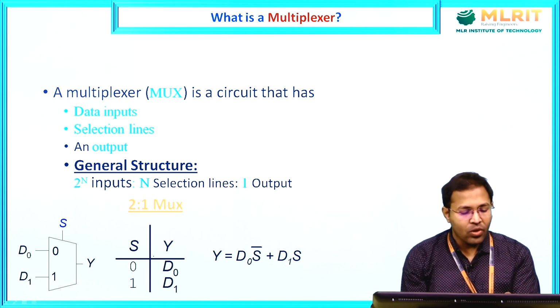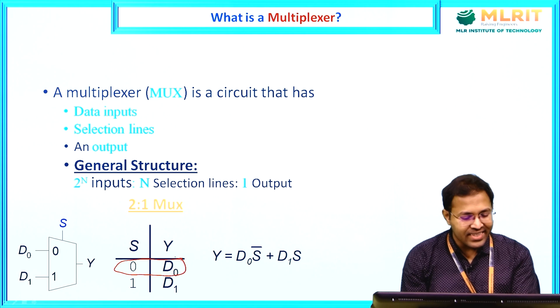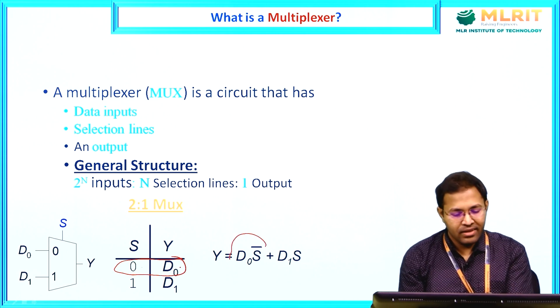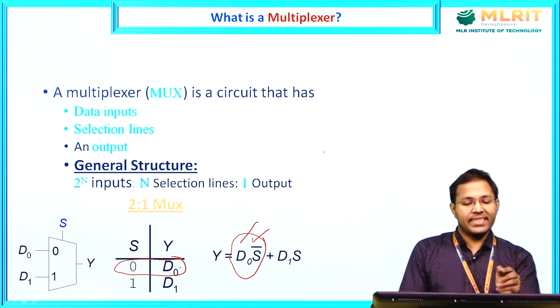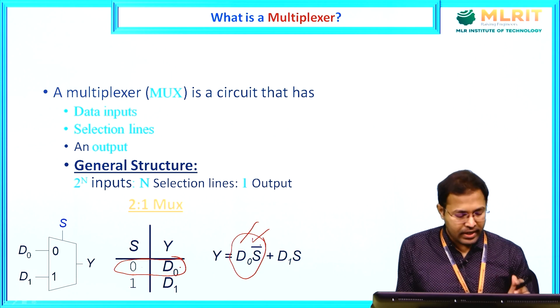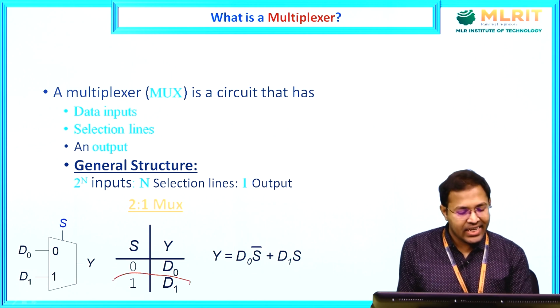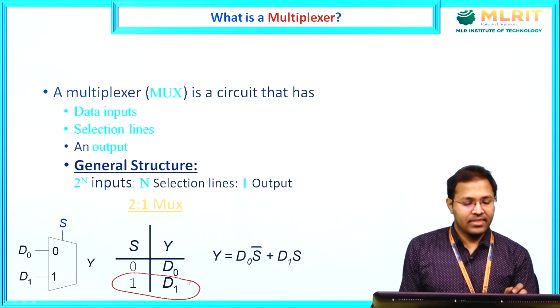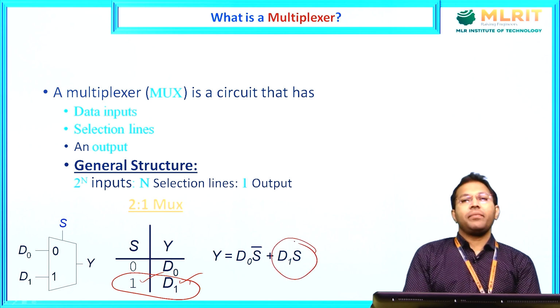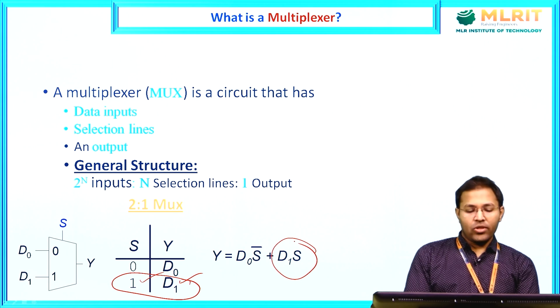So here, what is the situation? One case is this: 0, D0. So S bar into D0. In this case, Y is D0 into S bar, and in the other case we have D1 into S. You can write S into D1 or D1 into S, both are accepted.